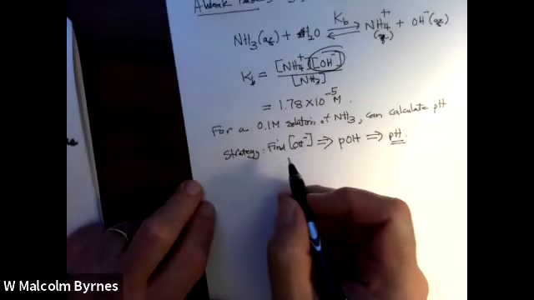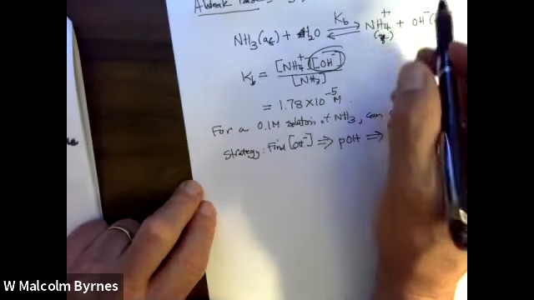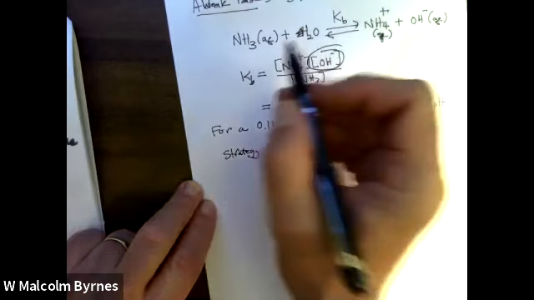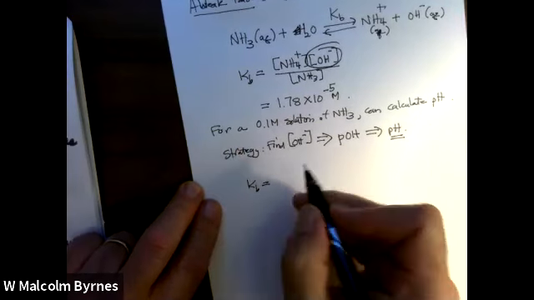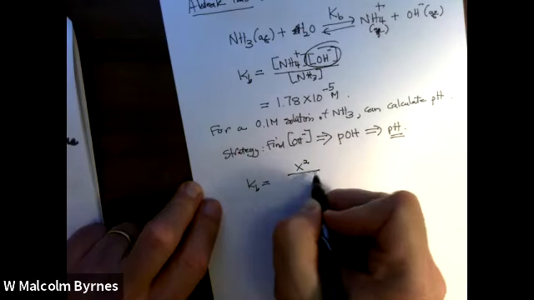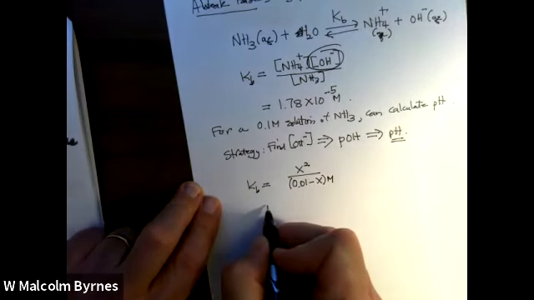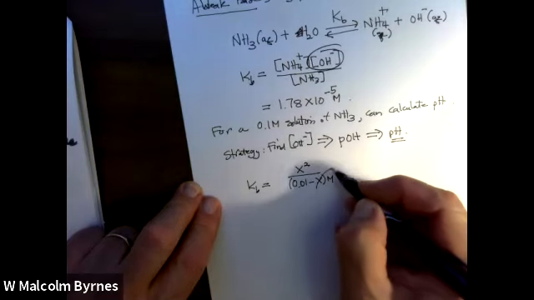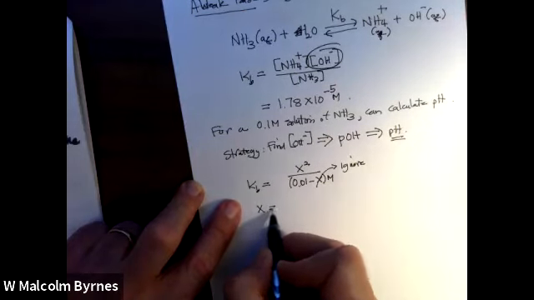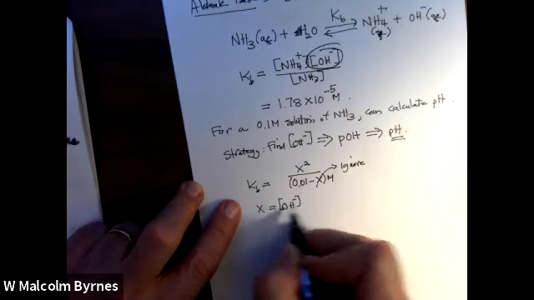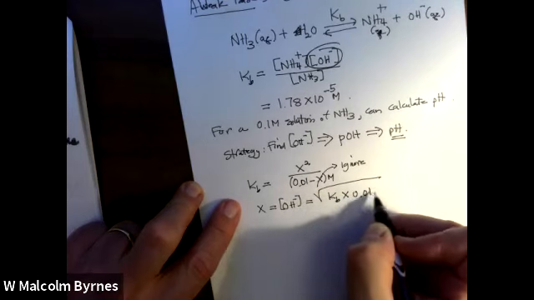What is the pH? So we can plug in values of X. Here we have X amount of ammonium ion, X amount of OH minus, 0.01 minus X amount of ammonia, and so we'd have K sub B is equal to X squared divided by 0.01 minus X. And then we can ignore the X there, and so solving for X, which is equal to the hydroxide ion concentration, X is equal to the square root of K sub B times 0.01.